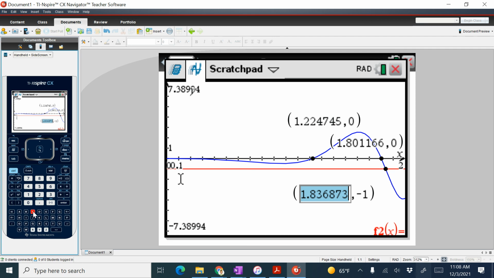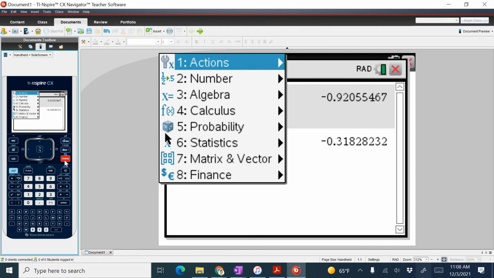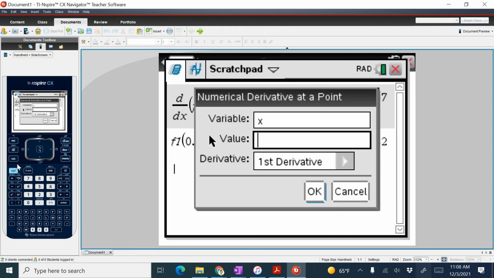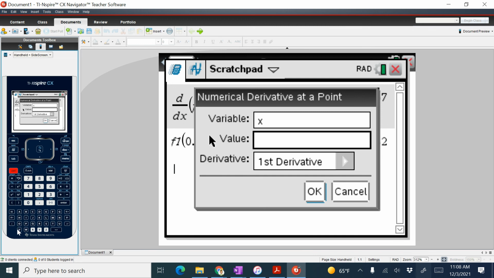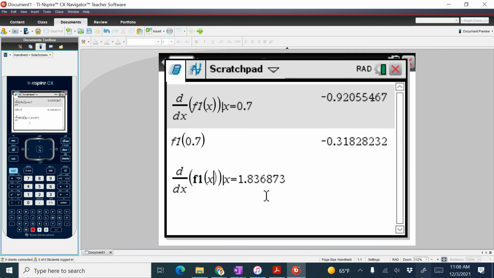Remember, you want to carry at least 6 decimal places to be accurate. I'm going to go back here, then do menu, calculus, numerical derivative at a point, and Control V for paste. And then click OK. And then find your function, which is hiding in F1. Once you've got that, go ahead and hit enter.